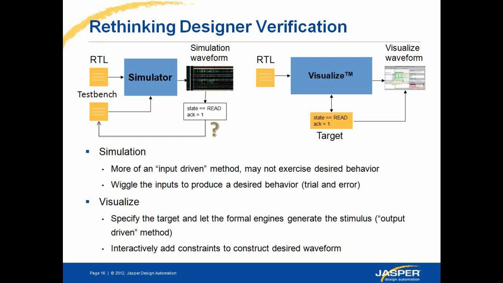Jasper has a feature called visualize that enables the user to specify a state or a condition, which we call a target, and then the tool figures out a trace starting from the reset state or a state that the user has provided, and will hit that particular state or condition. So this is more of an output-driven method.